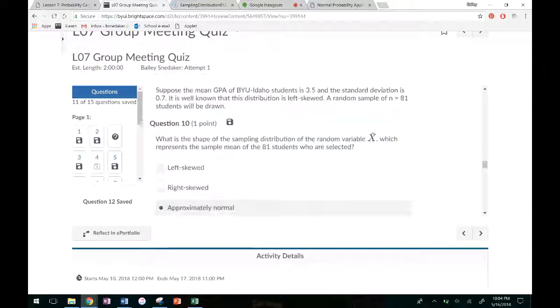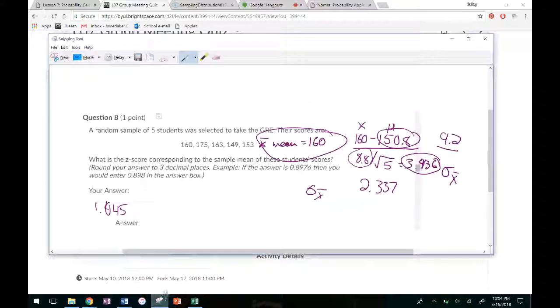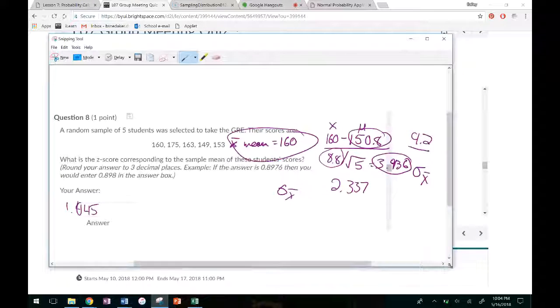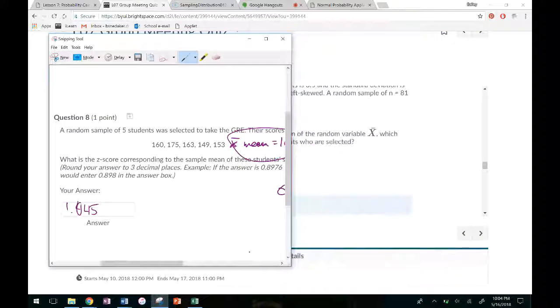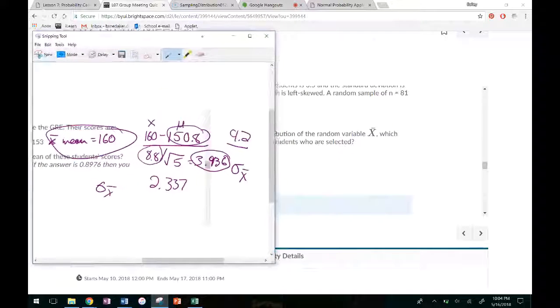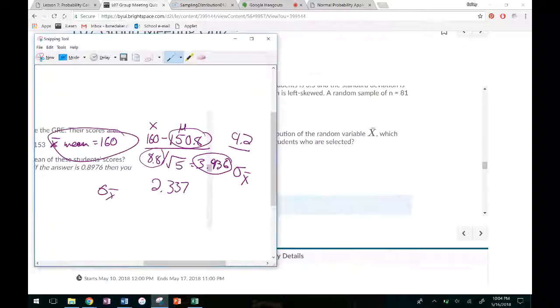So if we do the problem like we did last time, is it 3.3 minus 3.5? Because 3.5 is the mean, 3.3 is the value of the data set that we're looking for, and then the standard deviation is 0.7.